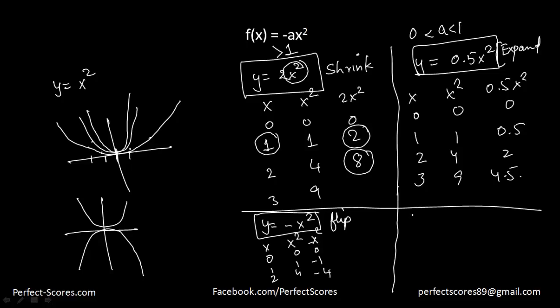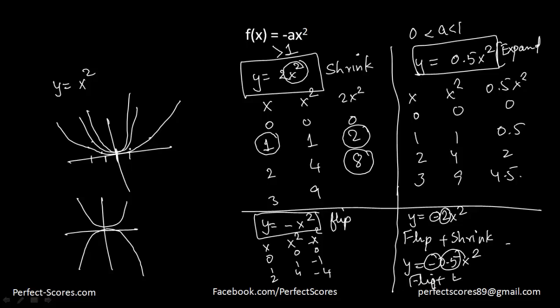Similarly, if y is equal to negative 2x², it will flip due to the negative, and due to the 2, it will shrink. If y is equal to negative 0.5x², it is going to flip because of the negative sign, and it is going to expand.